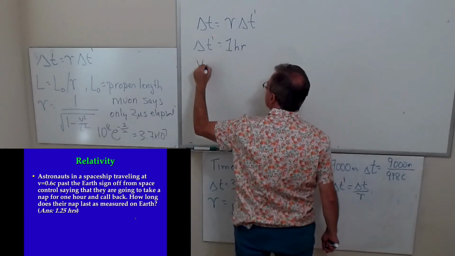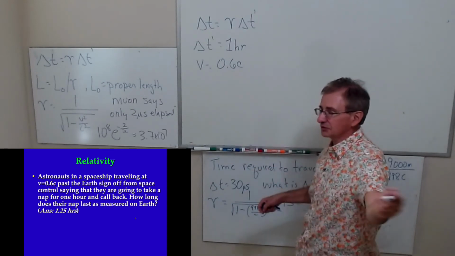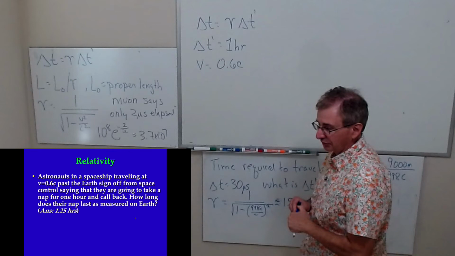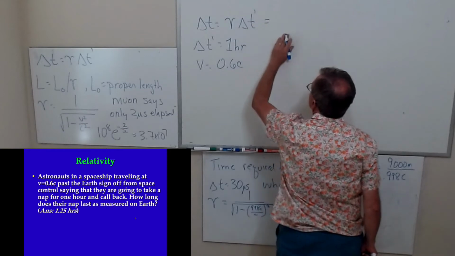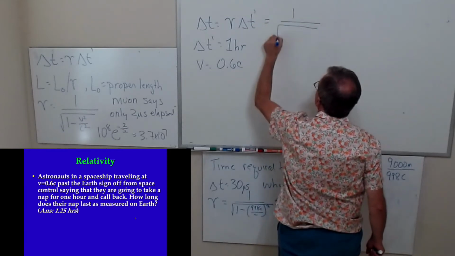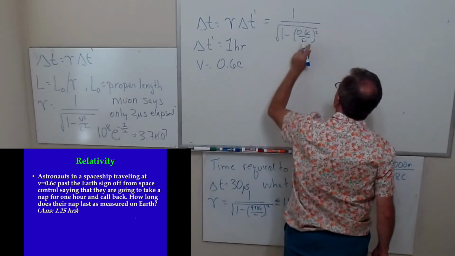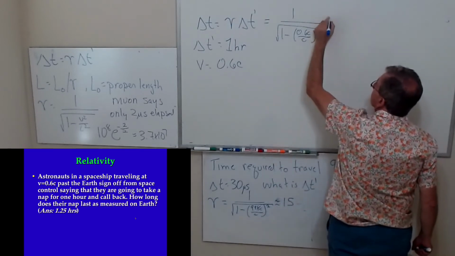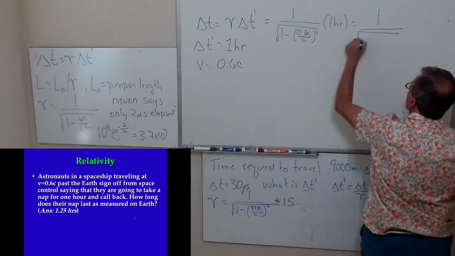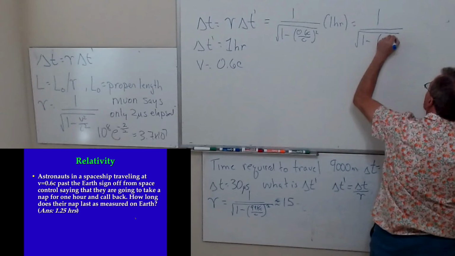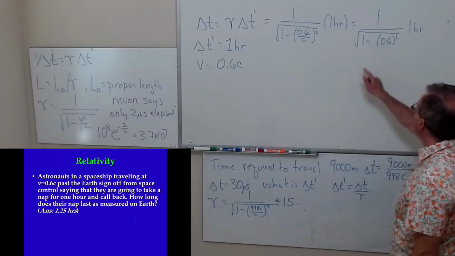We're given that v is 0.6 times the speed of light. Notice I don't write 0.6 times 3 times 10 to the 8th because I'm being lazy. I don't want to write that out. And it's convenient to write it that way because when I do this calculation, the C's cancel. That makes life easy for me.